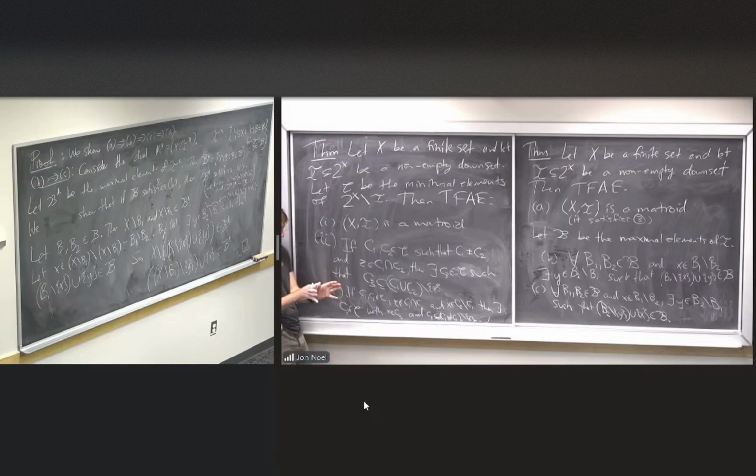Take two circuits, delete something from the intersection and fix an element in one of the circuits, and I can find a circuit that contains that fixed element and is living inside the union minus Z.